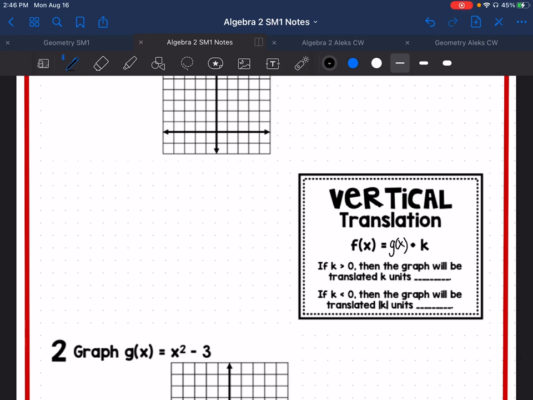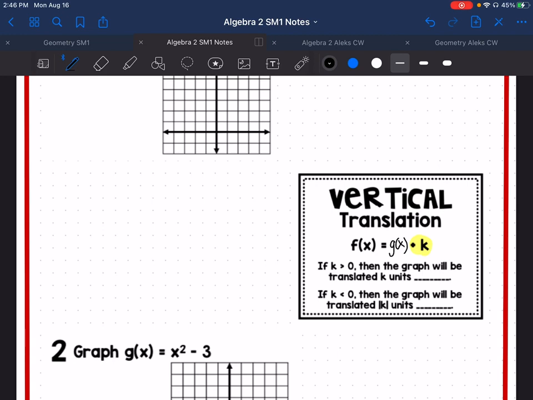So our original plus k, okay? In this case, we're going to do x squared, but you really could do any function. Notice that really the only thing we're changing is this part right here.